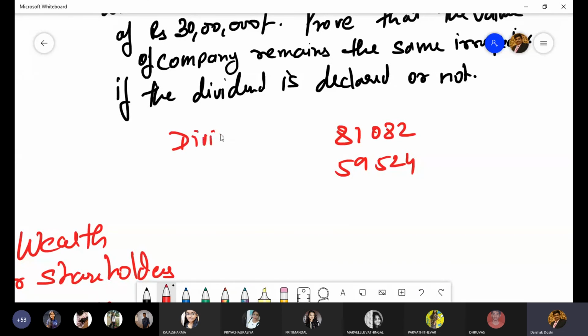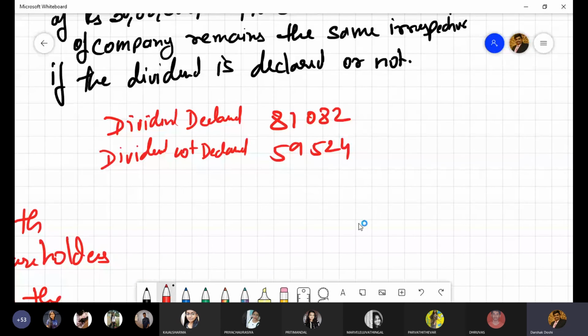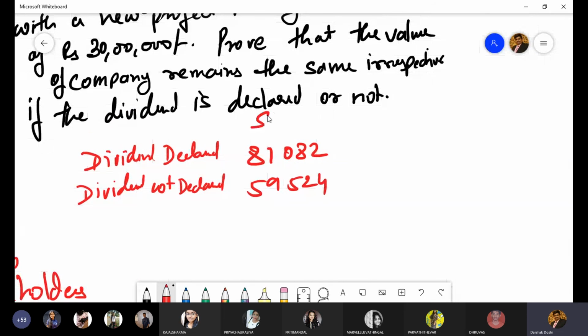What will be the value of company? When dividend is not paid, it is 26 lakh 80,032, and when dividend is paid, it is 26 lakh 80,014 rupees.